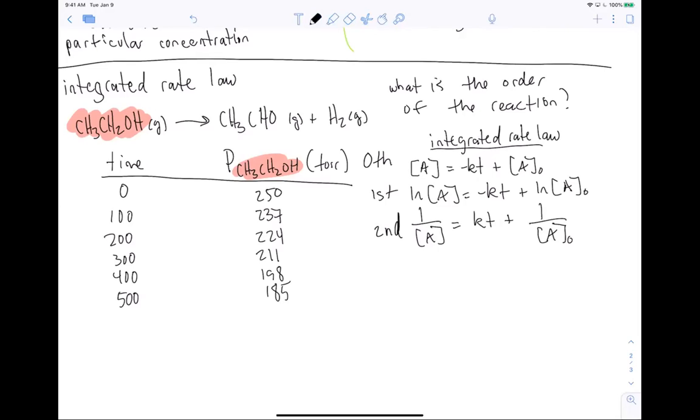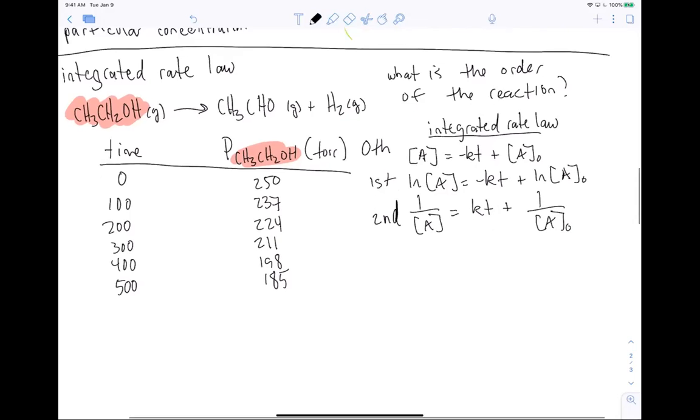What's that first order? Rate law equals negative kt times... this answer is terrible. Is it second order? I think it's second order. Let's see. Okay, it doesn't really matter.